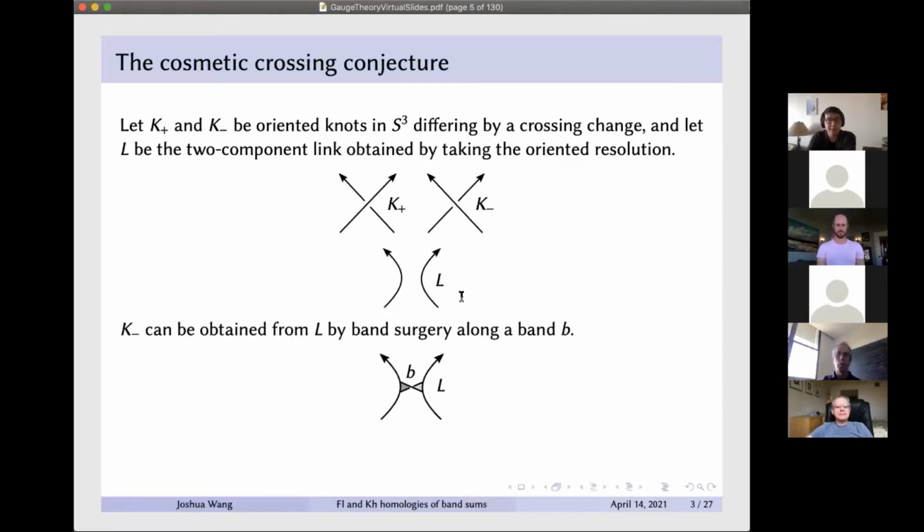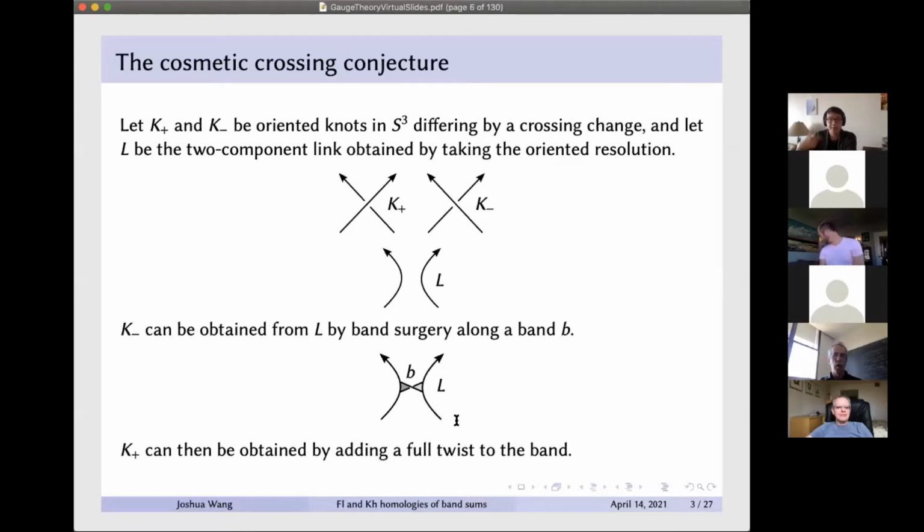And now you'll notice that you can reobtain the knot K minus from this link L by doing the procedure of band surgery, specifically along a band B that I've drawn here inside of the ball. And then to obtain K plus, you can just add a full twist to this band.